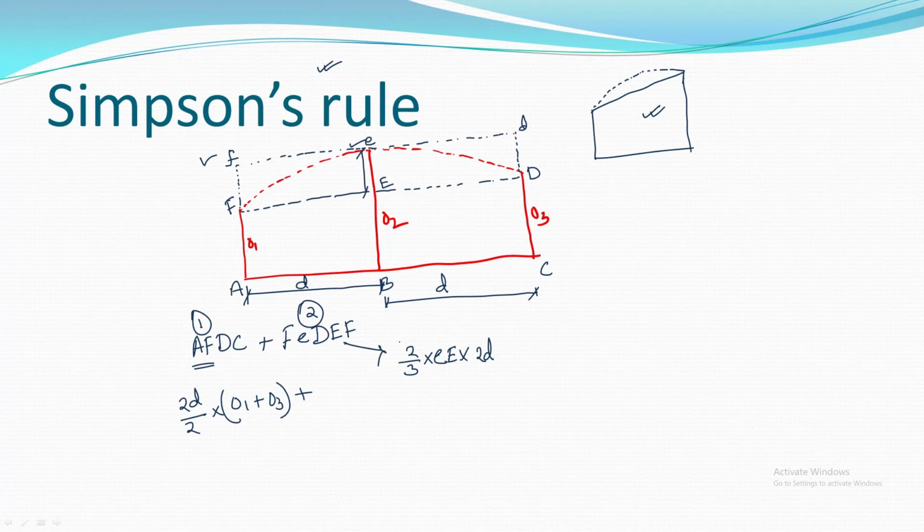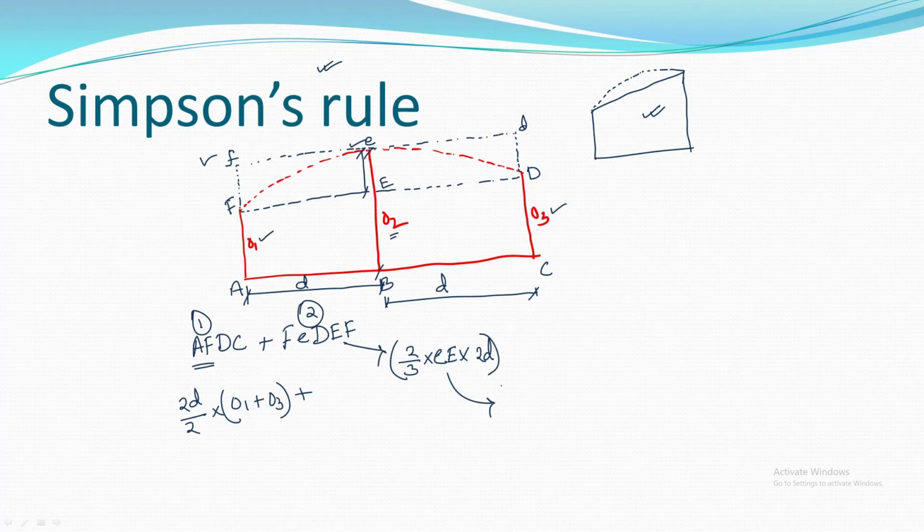Okay. So what will be the value of small e capital E, this particular distance? The total distance we already know, that is O2, from here to here. So we just need to subtract the average height of O1 and O3. What is the average value of O1 and O3? Simply O1 plus O3 by 2. That particular value we need to deduct from this O2.